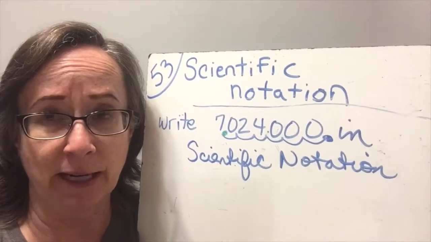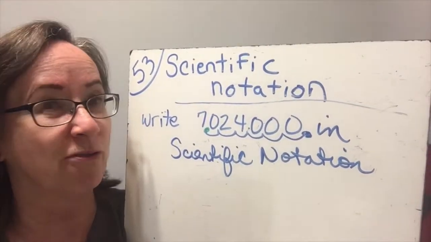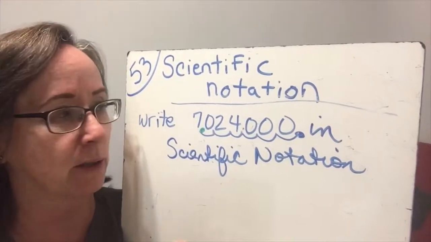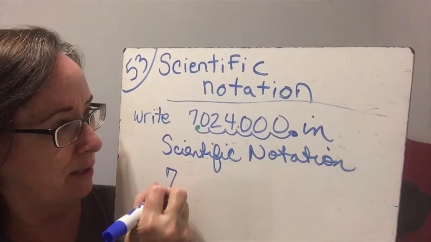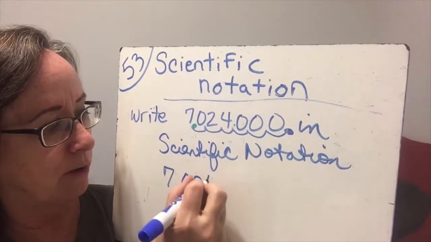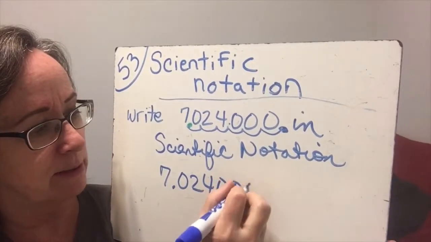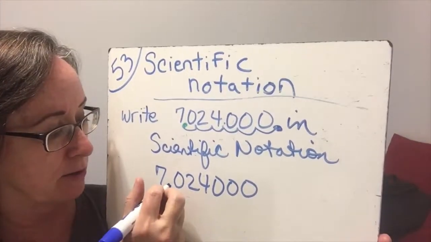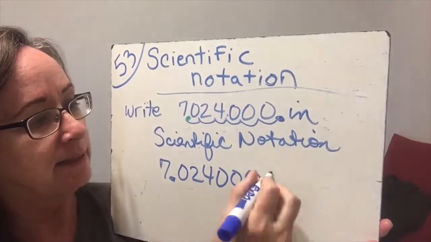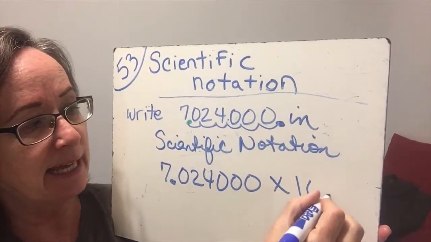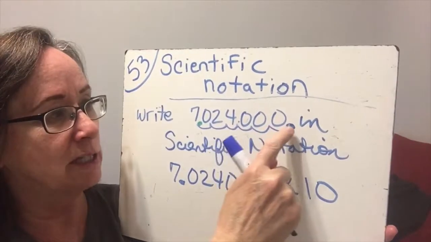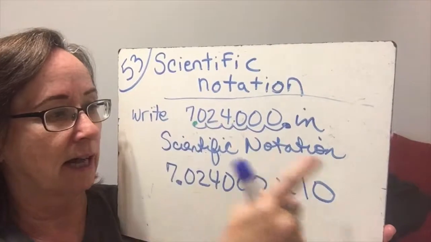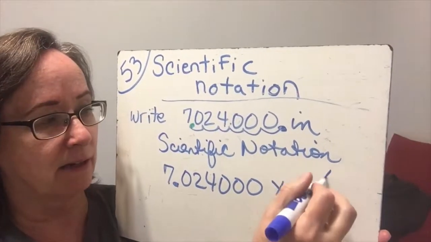I don't want to change my number, so in order to fix it and make it represent the original number, I'm going to have 7.024000, and we're going to adjust that in just a minute because we don't need all those zeros, times 10. Since I just moved it 6 to the left, I need to move it 6 to the right over here.